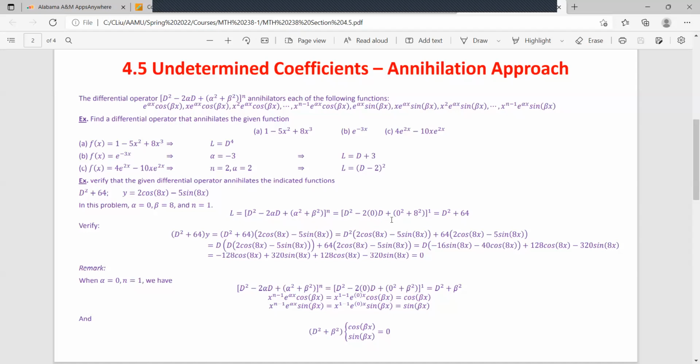And at the end, if you simplify the whole thing, we just get d squared plus 64. Okay. Right?